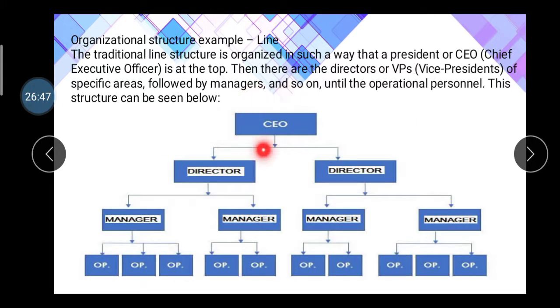Here, whatever command is given by the CEO, the director has to follow, and whatever command is given by the director to the manager, the manager should follow it. They cannot create interaction between them. They always have to follow whatever direction is given to them.